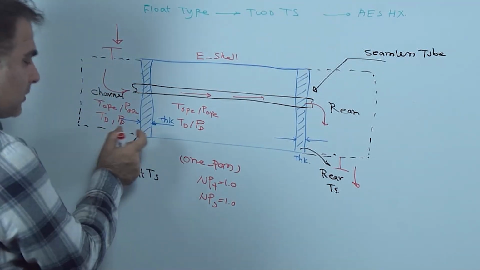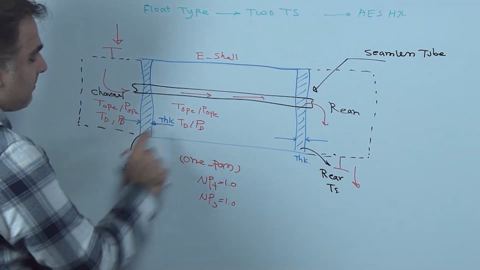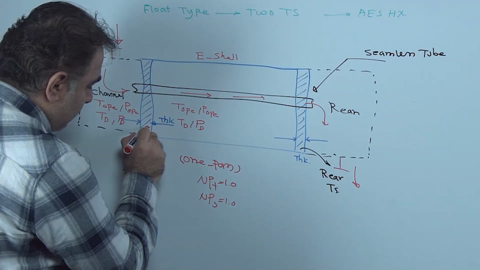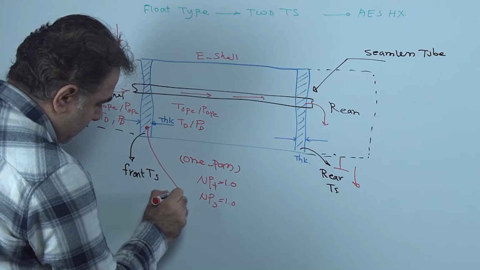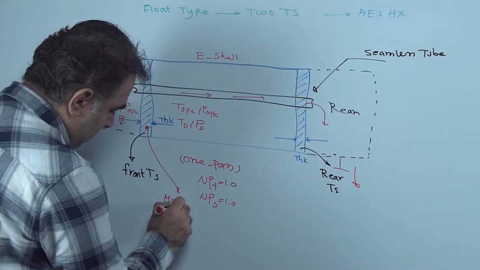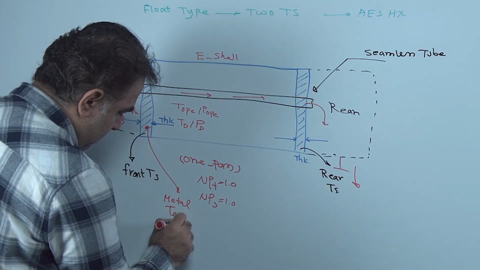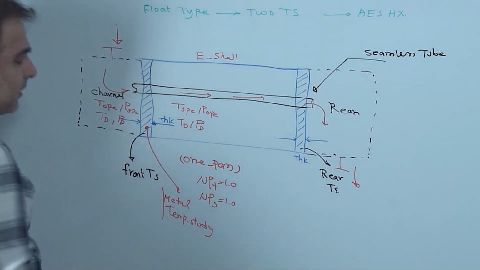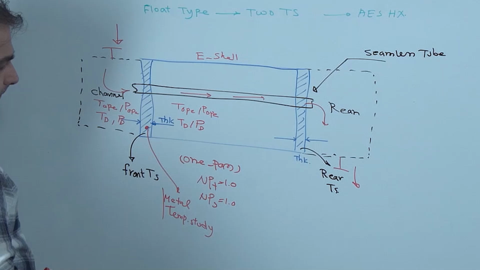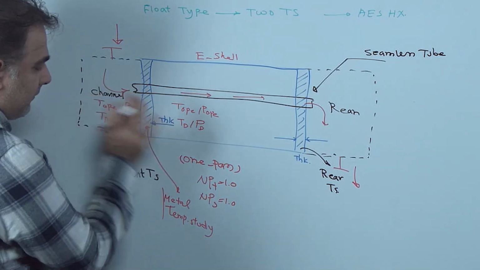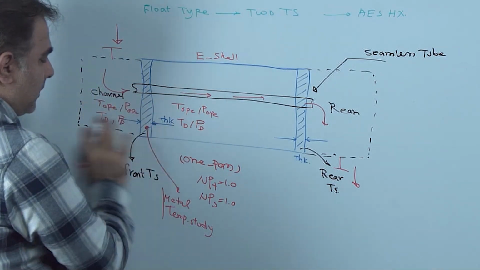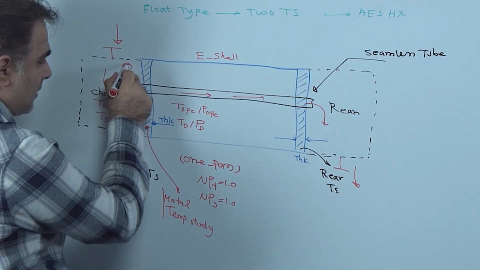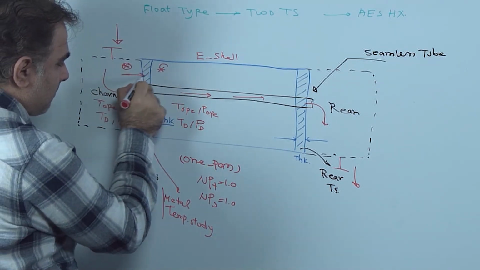Therefore, the tube sheet is affected by two different pressures and temperatures. We need to know the metal temperature. A metal temperature study is done, and software delivers the metal temperature to us. The tube sheet has two pressures on both sides: the design pressure for the tube side and the design pressure on the shell side.